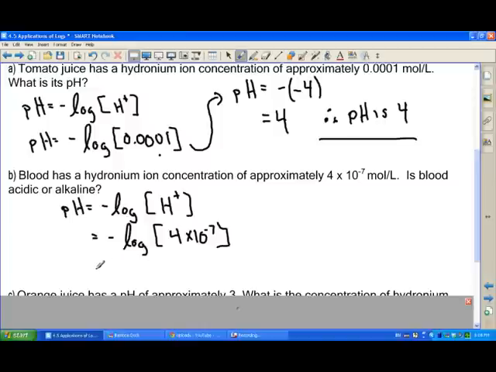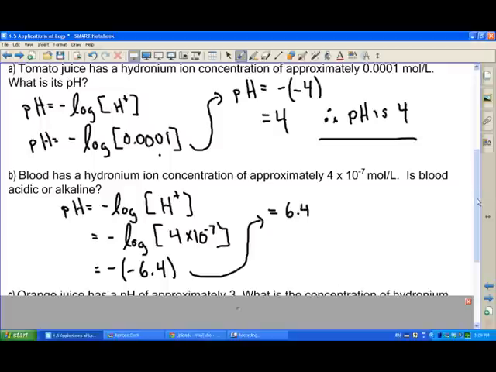The negative log of 4 times 10 to the power of -7. I get negative 6.3979. We'll round that to negative 6.4, which ends up being positive 6.4.